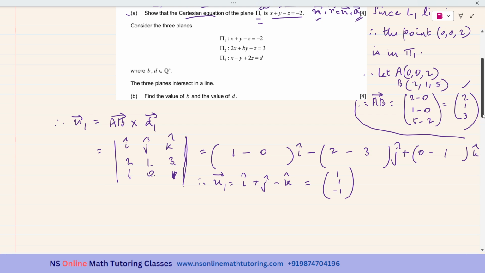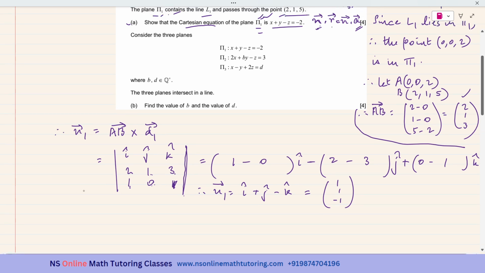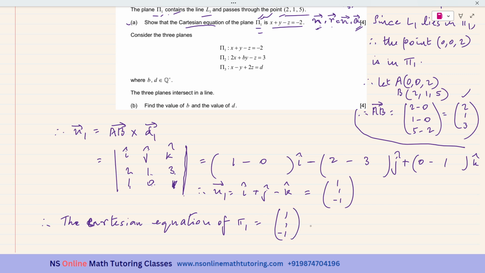Okay. And now we have to use this equation, n dot r equal to n dot a. Therefore, the Cartesian equation of pi 1 is equal to 1, 1, minus 1 dot r, where r is the position vector of a general point on pi 1.